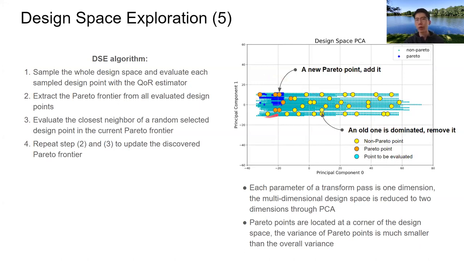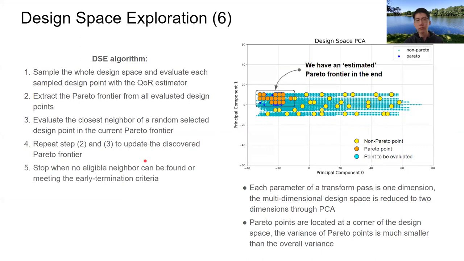In this way, we keep updating the discovered Pareto frontier and make it better and better by repeating step 2 and step 3. And finally, we will have an estimated Pareto frontier in the end.